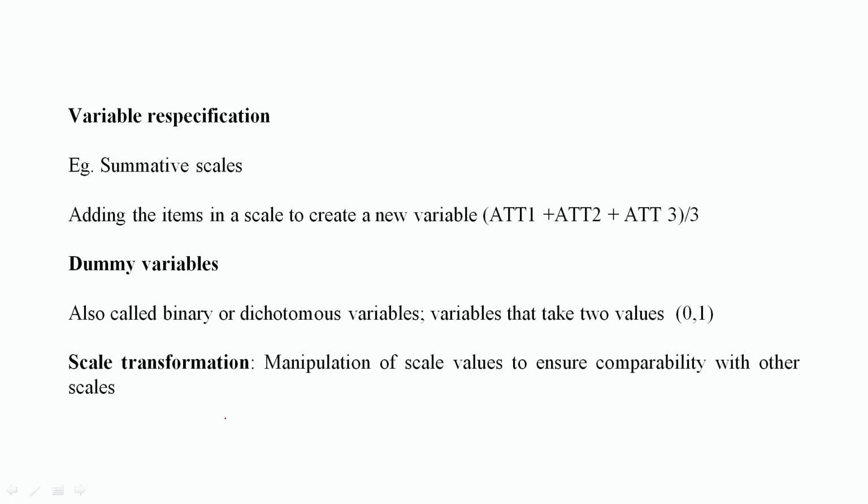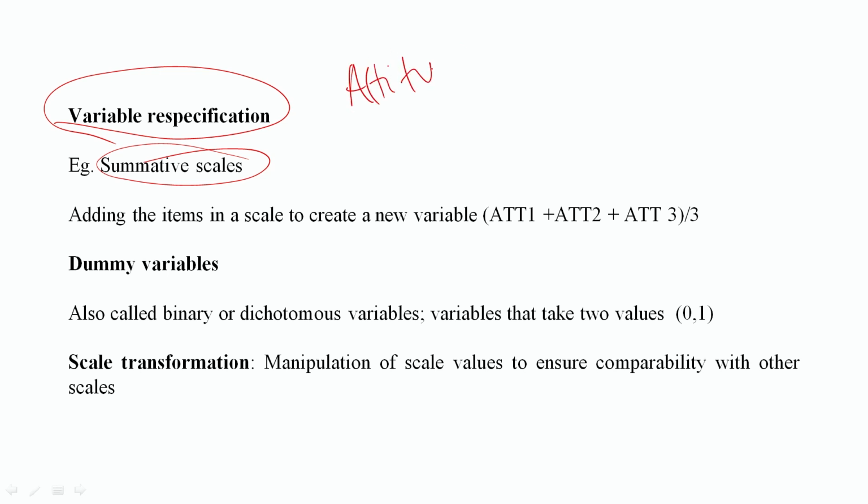One point to note here is variable respecification. Variable respecification means creating summative scales. The example given here is attitude. Attitude towards a particular work, or attitude towards a tour, or attitude towards a food. So how many items are there in the scale?